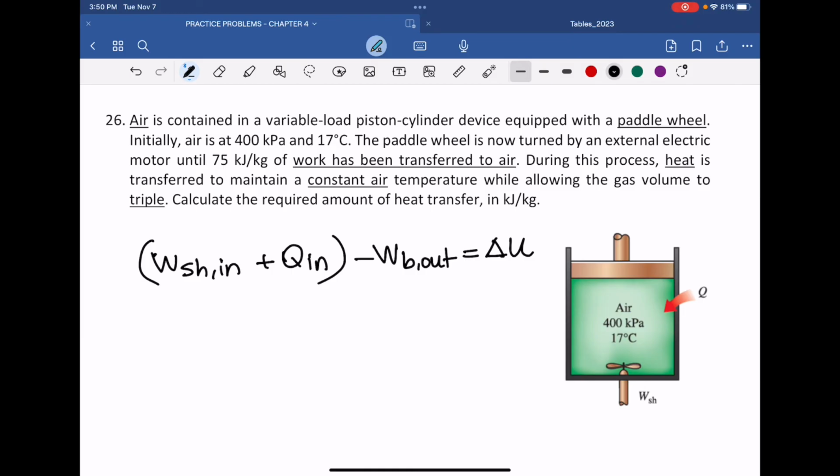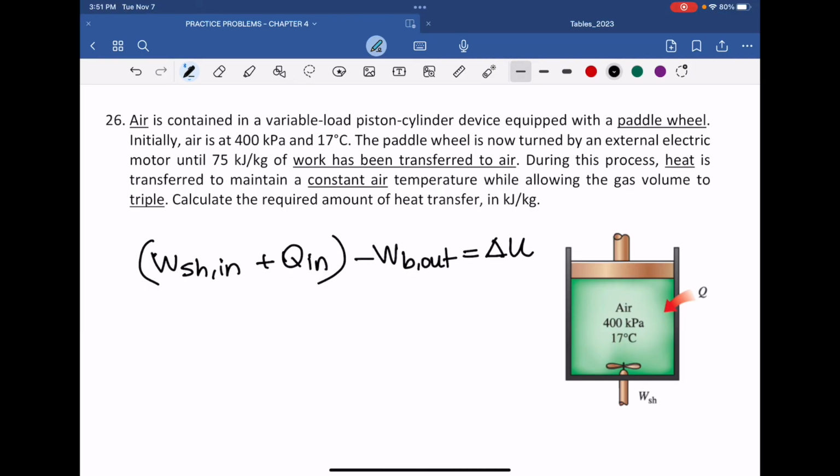Now, is this a constant pressure process? We don't know. We know that this is a constant temperature process, but we don't know if it's a constant pressure process. So I won't be able to sum up delta U with the boundary work and say this is enthalpy change. But what I know is something very valuable, which is they tell me there is no temperature change.